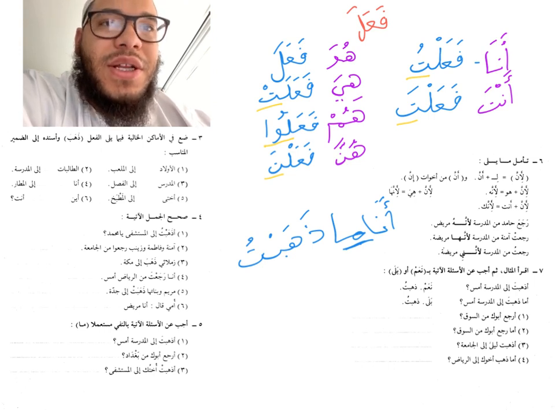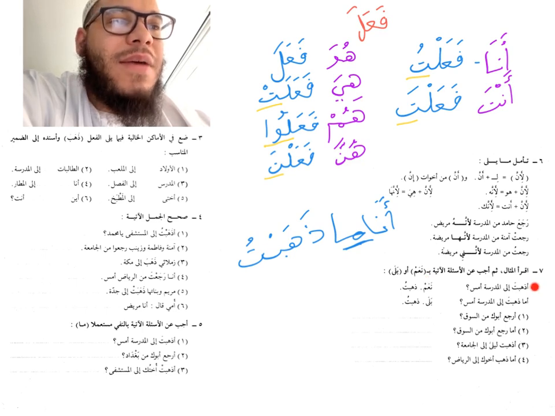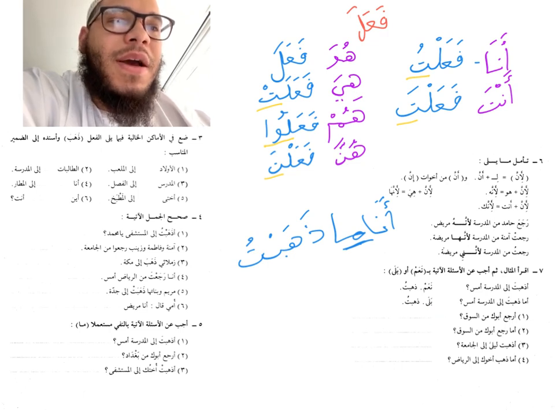Anytime I ask the question in the negative form, بلى means yes and نعم means no. So if we said أذهبت إلى المدرسة أمس, نعم ذهبت. أما ذهبت إلى المدرسة أمس, بلى ذهبت. So أما ذهبت is asking the negation. Bala, of course, yes. But if I said na'am in this second one, that would mean no, I didn't go.